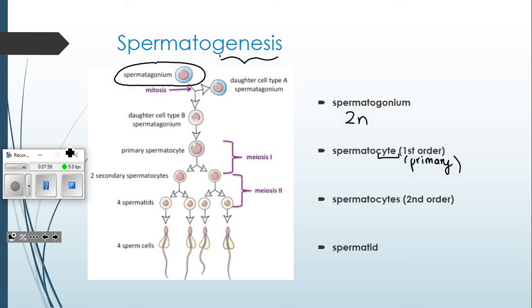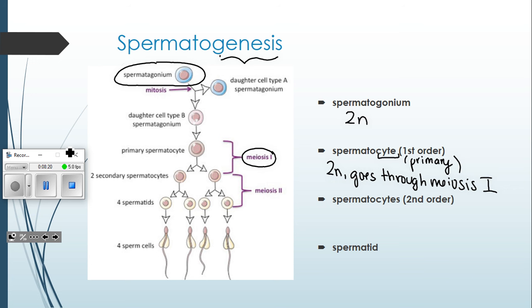Okay? Meiosis 1 is listed here. I'm not going to repeat what the steps of meiosis 1 are because we did all the details yesterday, but that's what we call it specifically for sperm cells.